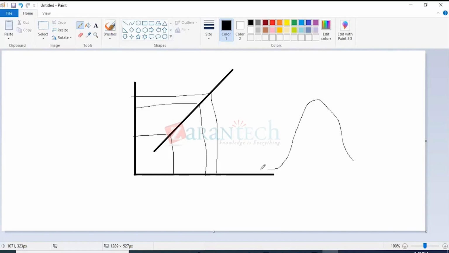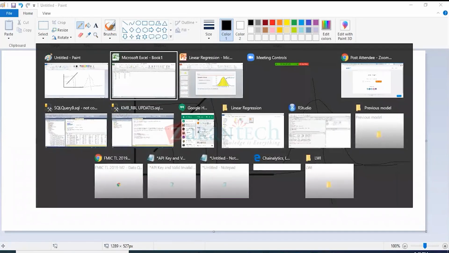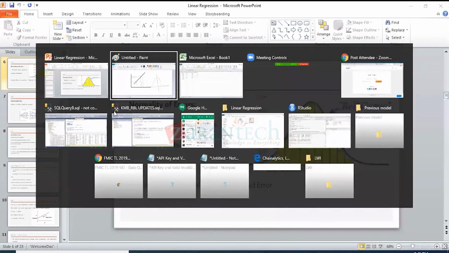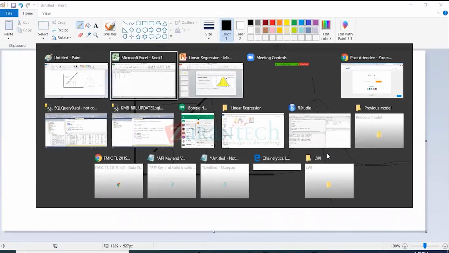Something like this. You have seen this graph before, right? Okay, so that is the second assumption: if I plot my residuals on a graph, it has to follow a normal distribution curve like this.